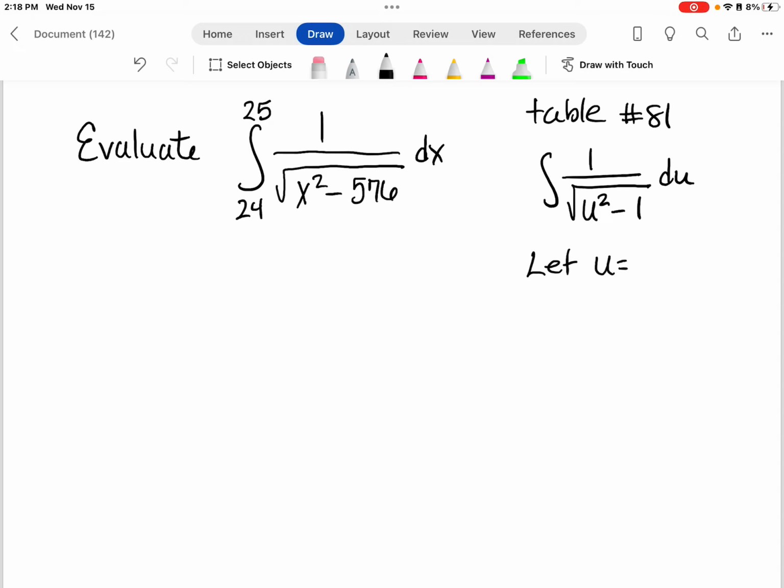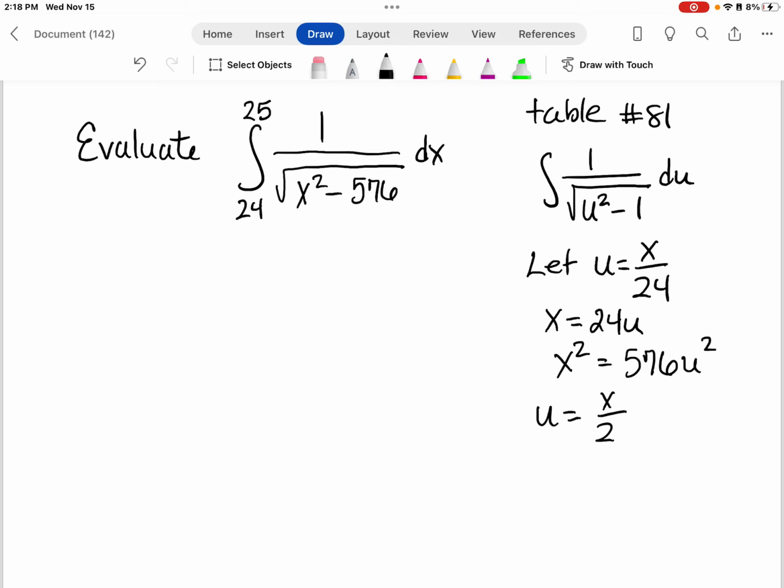So what we're going to do is let u be equal to x over 24, which means if I solve this for x, I get that x is 24 times u, which means x squared is going to be 576 u squared.